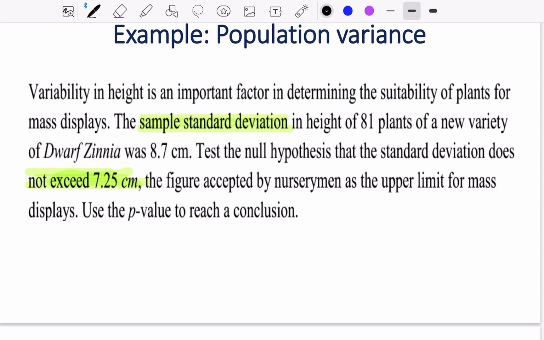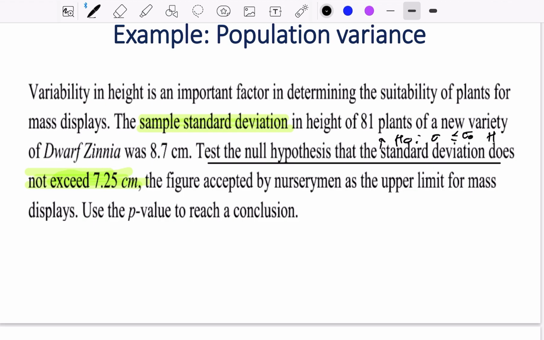Oh, sorry, that won't be your alternative, because this is saying test the null hypothesis that the standard deviation does not exceed. Okay, so under the null hypothesis, informally, not the formal way, it's basically saying sigma is less or equal to some value sigma naught.